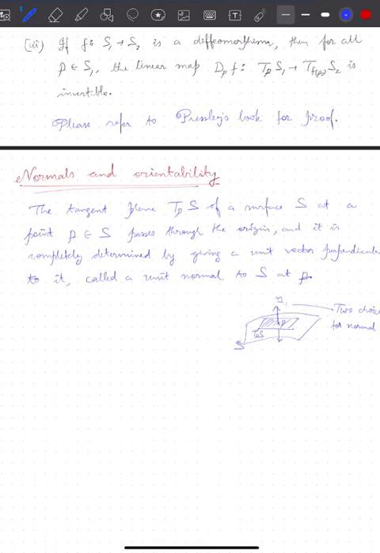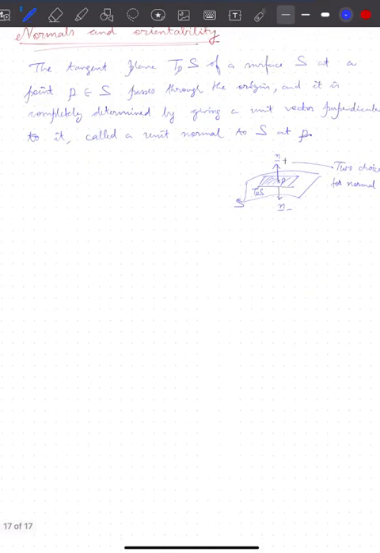Right. So this is normal one, normal two. We can just call it normal plus and normal minus, right? Now the issue is we have two such normals, right? And now, so we have two choices for normal.